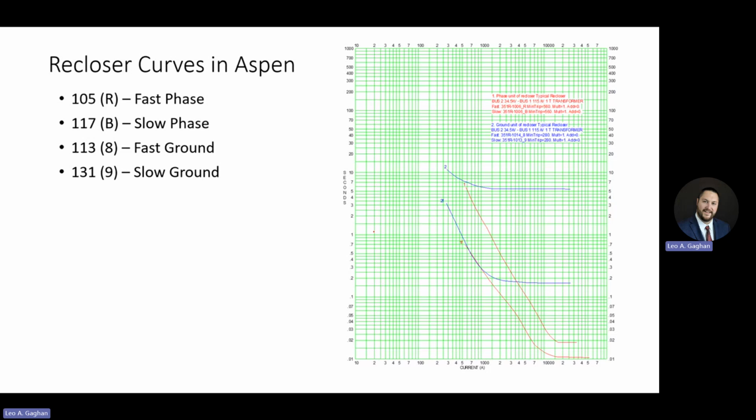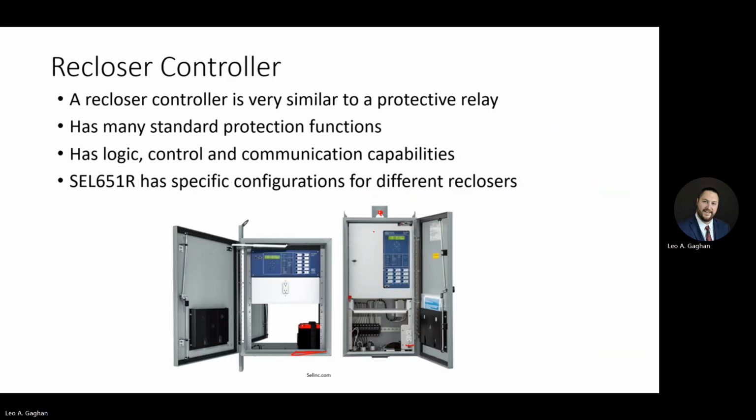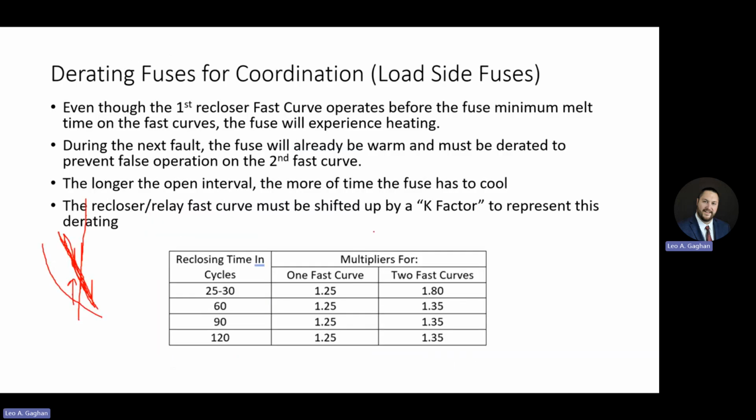So here they are, for example. They have a fast phase curve, a slow phase curve, a fast ground curve, and a slow ground curve. My slides may be a little bit out of order, but what we were talking about with fuse saving, we mentioned a fast curve on this slide.